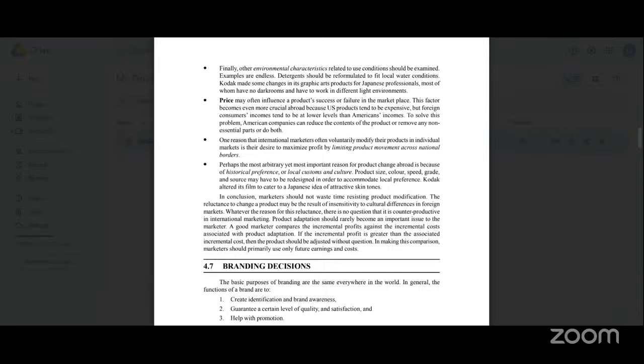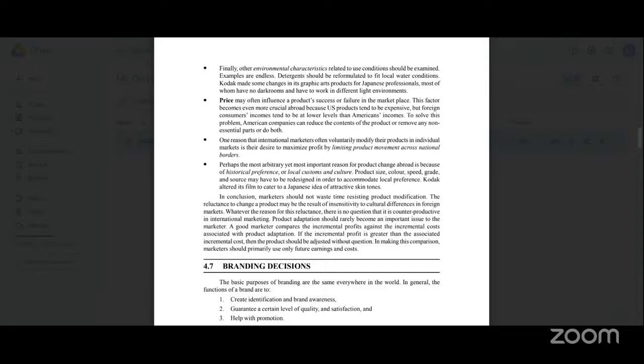So, price is another factor which has a high influence on product success or failure in a particular marketplace. The factor becomes even more crucial abroad because US products tend to be expensive. They also have to consider that foreign customers' incomes may be lower compared to American incomes.